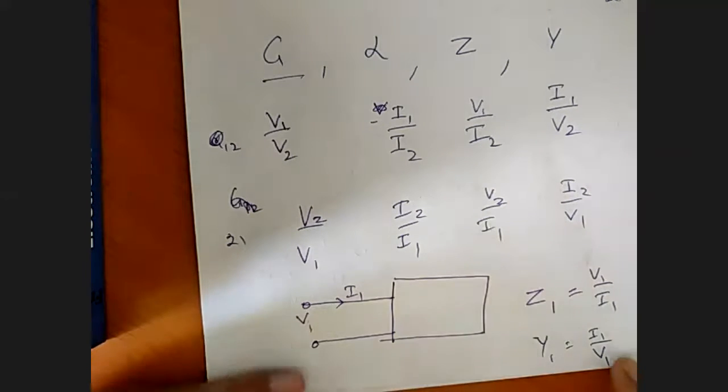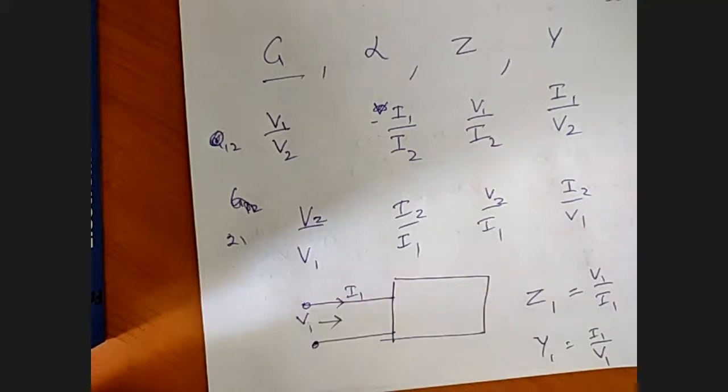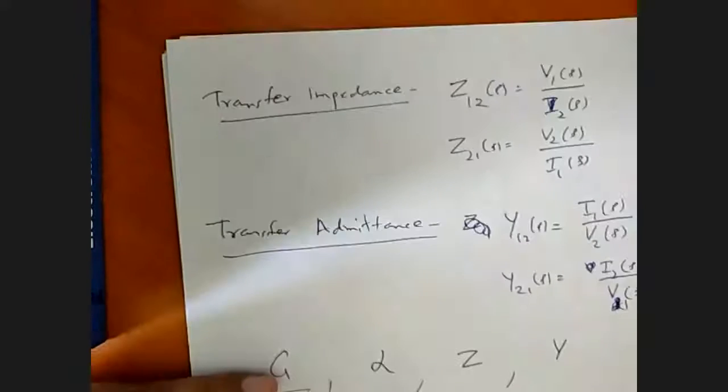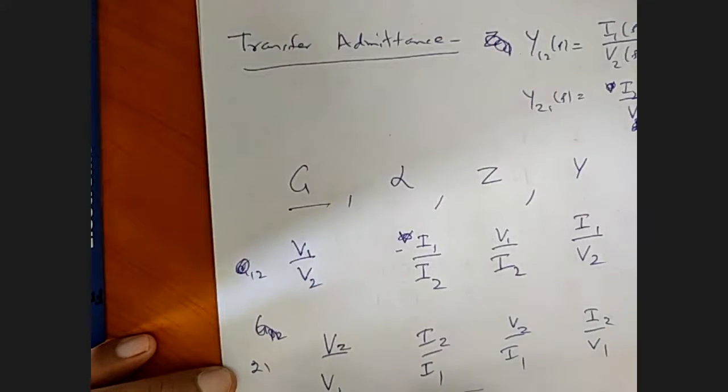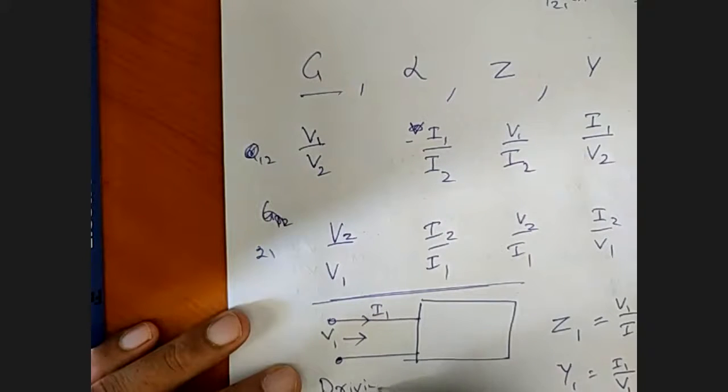So you don't have voltage ratio and current ratio when you are talking about this. This is known as driving point functions.